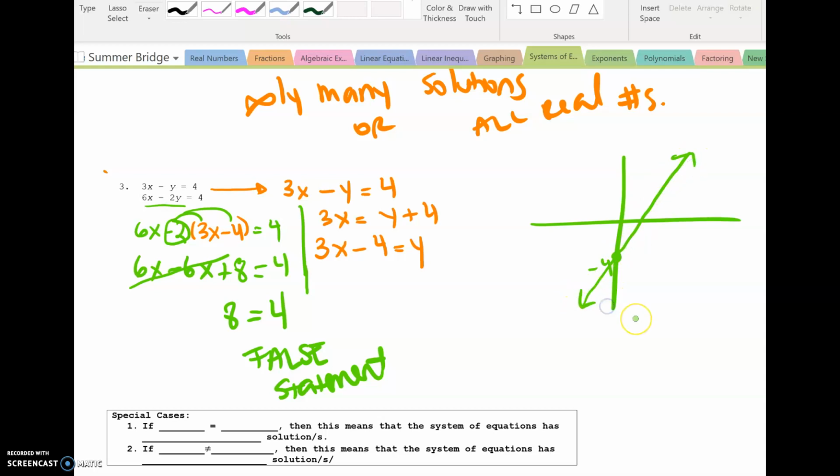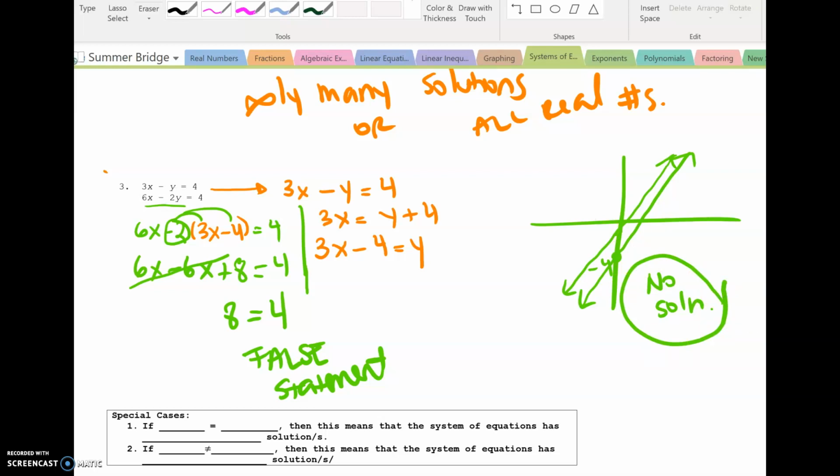And then I don't know what the other one would be. It would be somewhere here, and it would look something like this. But these are going to be parallel lines, which means they do not intersect, so we would have no solution if we were to graph them. Meaning to say, if you have a false statement, then you have two parallel lines, and therefore the solution to this particular problem would be no solution.